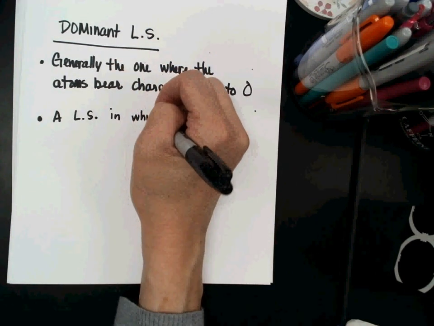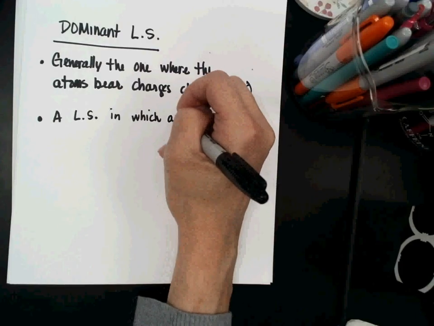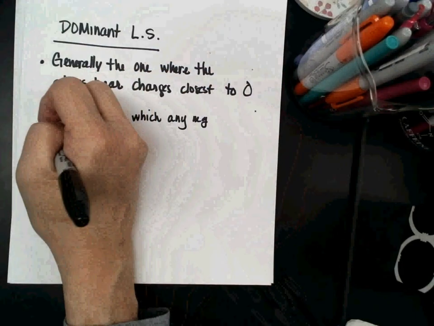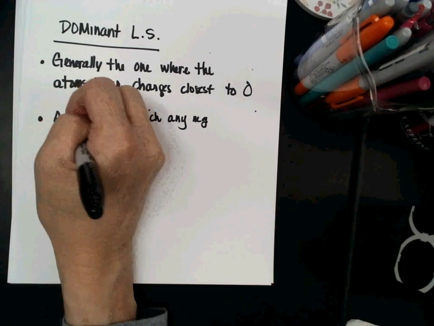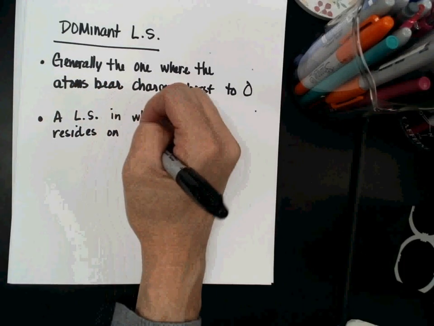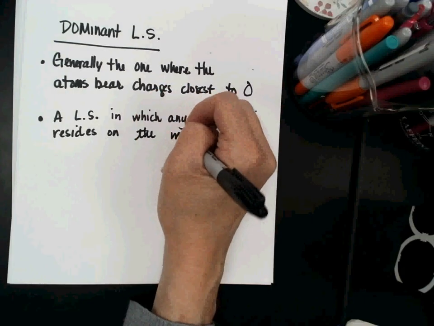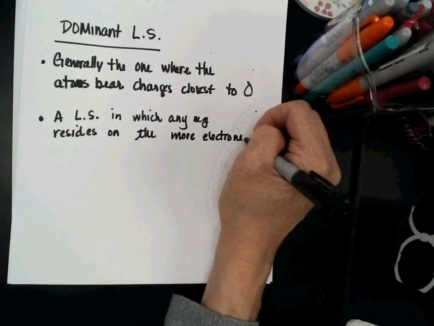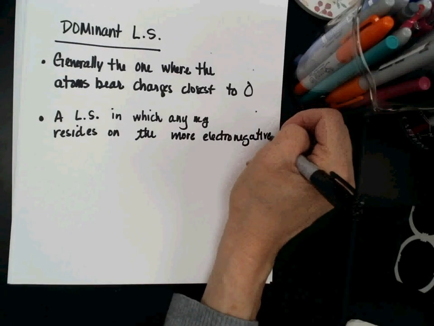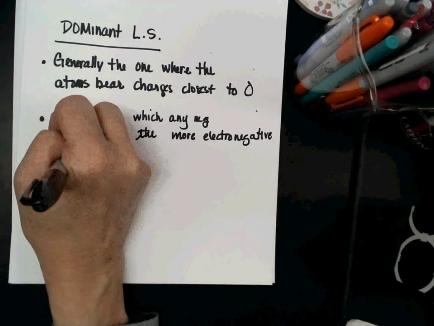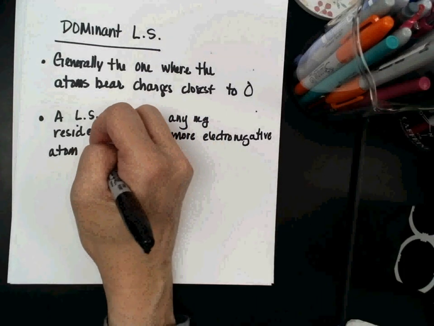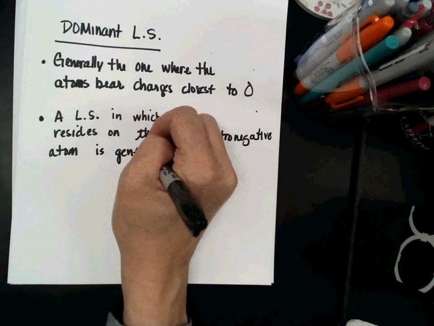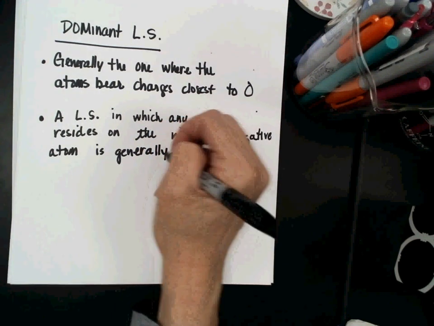If I have a Lewis structure in which there are some negative charges, any negative charge, if it resides on the more electronegative atom, it is going to be the more dominant one.